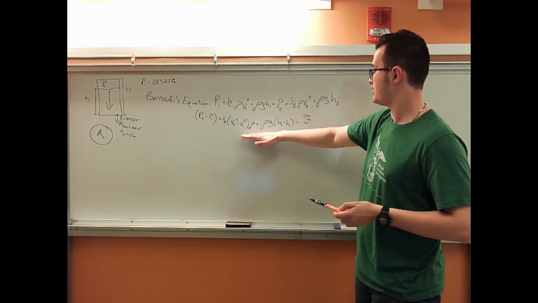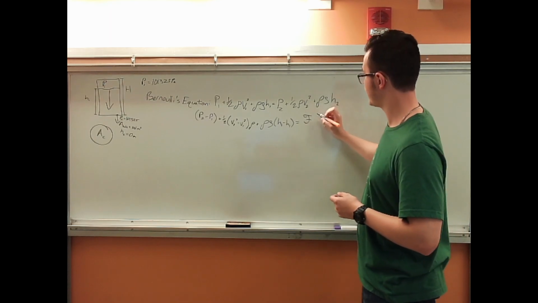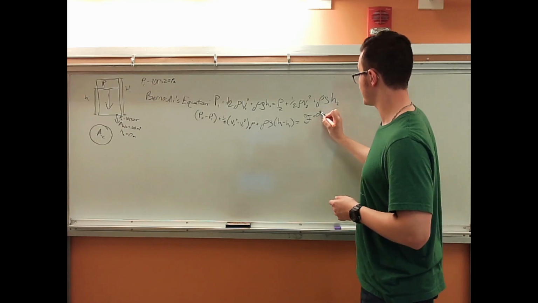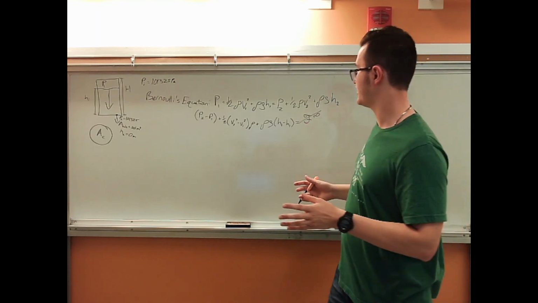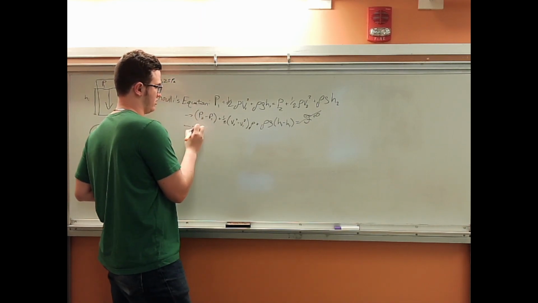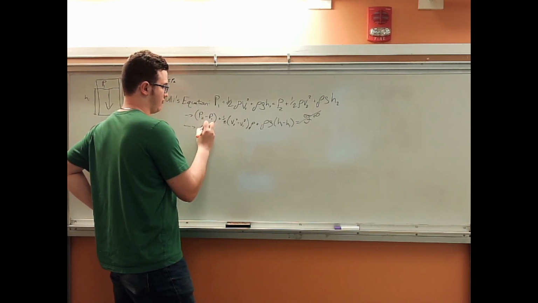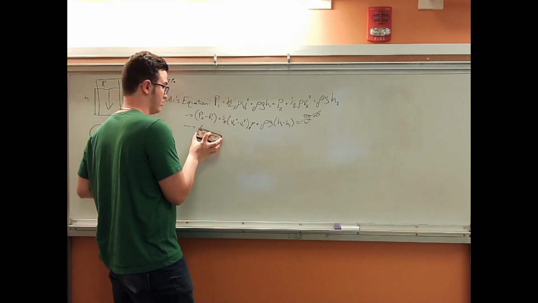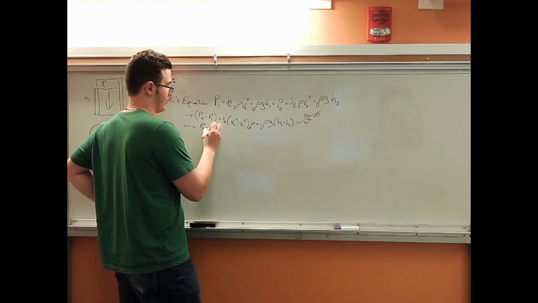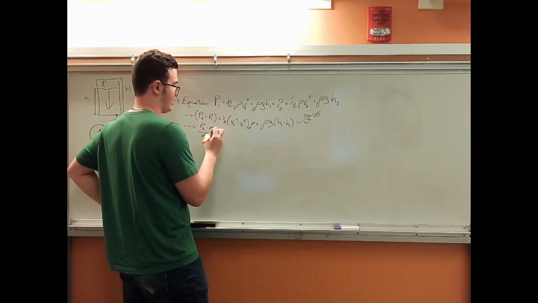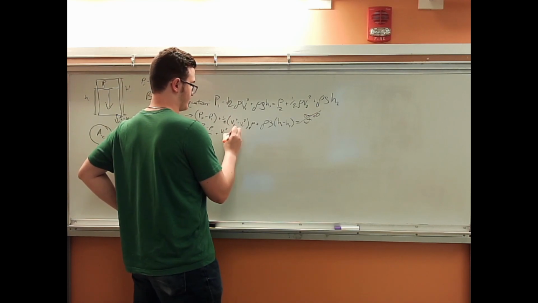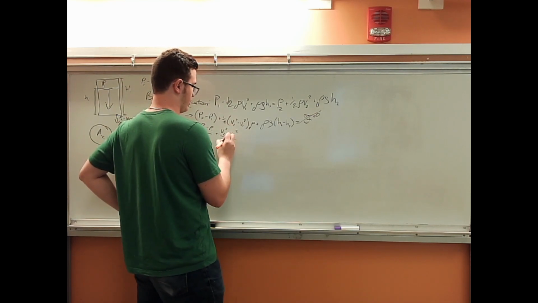Now, you notice that these two have that. This, of course, equals 0. We're going to ignore that in this case, so I'm just going to cross that out. That's not useful in this case. So it's going to go to the difference in pressure, P2 minus P1, pressure in state 2 minus pressure at state 1, divided by the density, plus velocity in state 2 squared minus velocity in state 1 squared over 2.